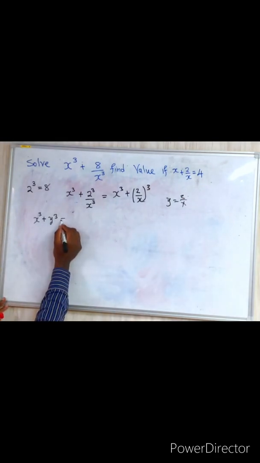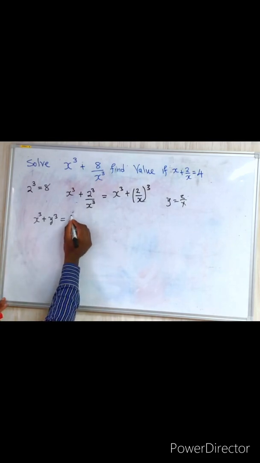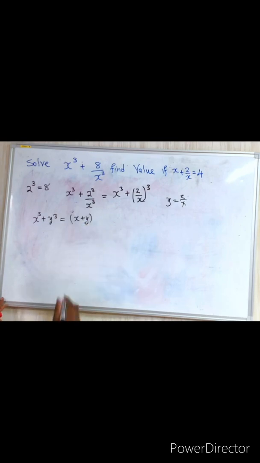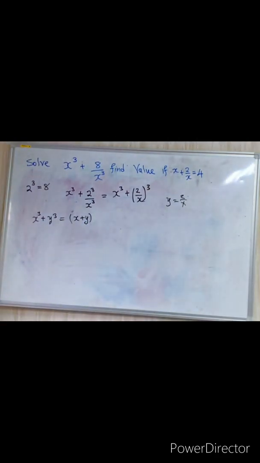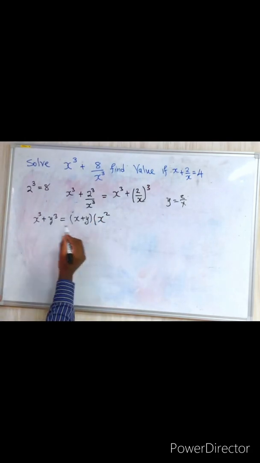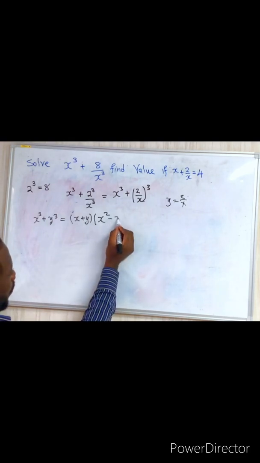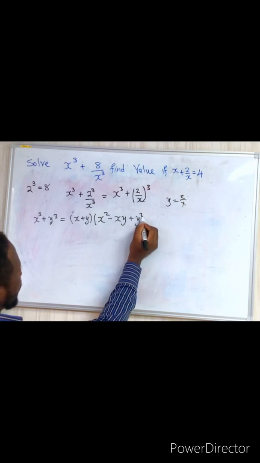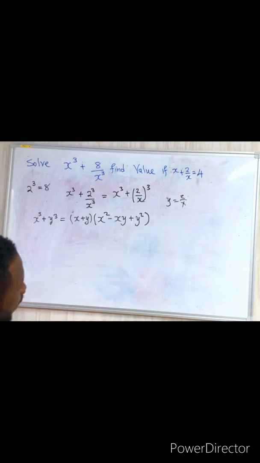So when you have such an equation, when you expand it, the first part will be x plus y multiply x squared. Now here you add the plus, so what comes next is the minus xy plus y squared, close bracket.